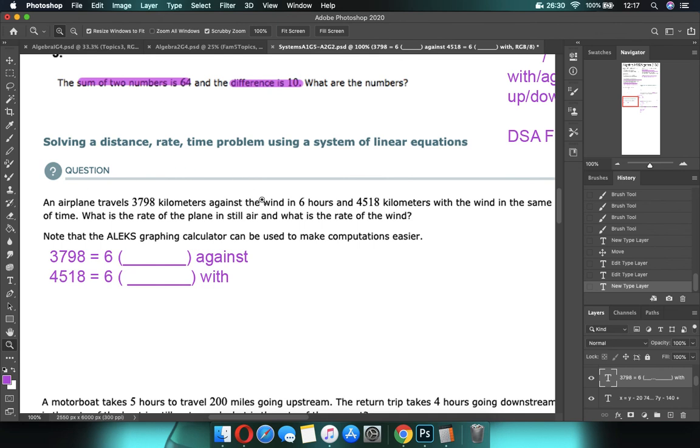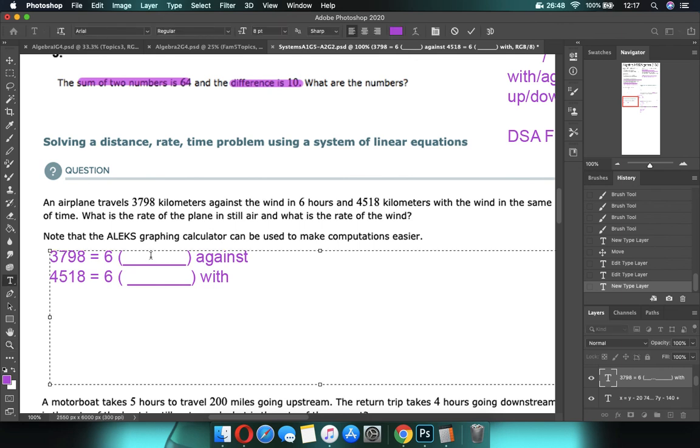I wish you could see my hands because I have a little demonstration for this. The plane is going as fast as it thinks it's going. But if it's going against the wind, is it really going that fast? And the answer is no. Is it faster or slower? Slower. So is that addition or subtraction? Subtraction. So since this is plane and wind, this is going to be plane, slower, wind.